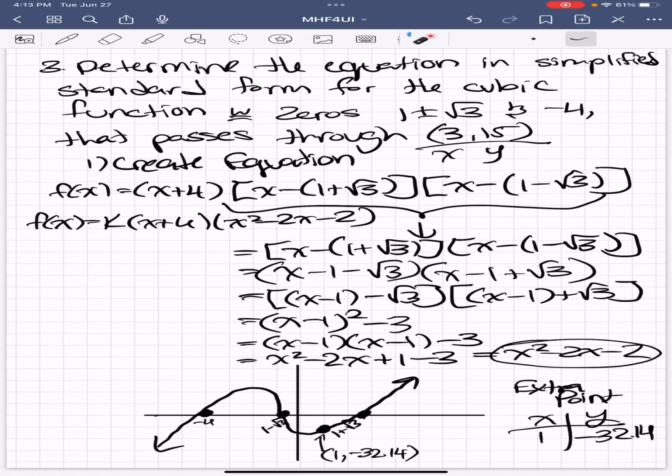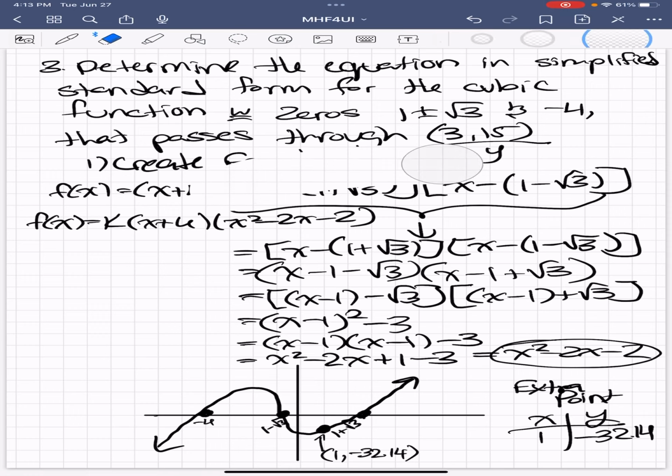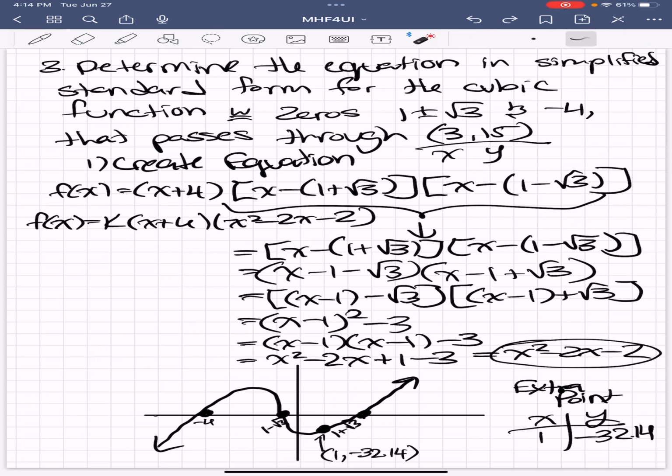So, for these types of questions, you have to follow this. You have to convert this into standard form. I've showed you how. Maybe just take another look and see the steps. Once you get to this point, all you need to do is do x minus 1 squared, and minus 3.